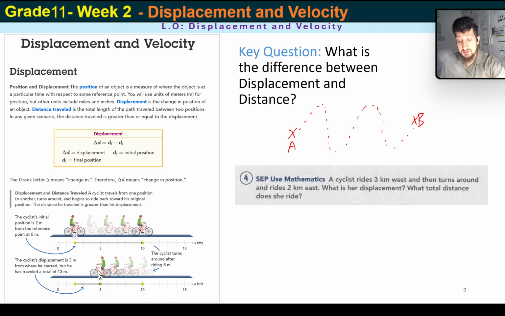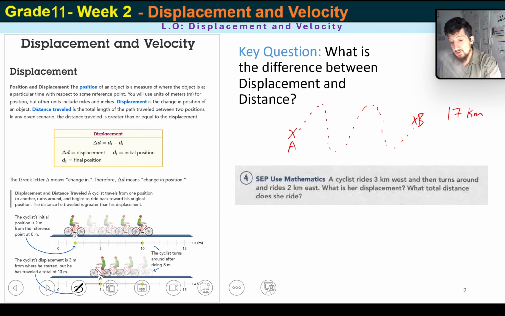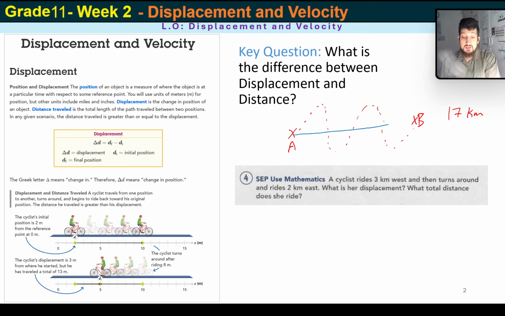So every single step you took, that whole distance might have been about 17 kilometers. However, if I use a different color, I'm going to use blue, the displacement is going to be the shortest distance between those 2 points, which is a straight line. And that's going to be shorter in this case. So it might just be about 8 kilometers. Okay. So that's just a very, very quick summary of the difference between displacement and distance.